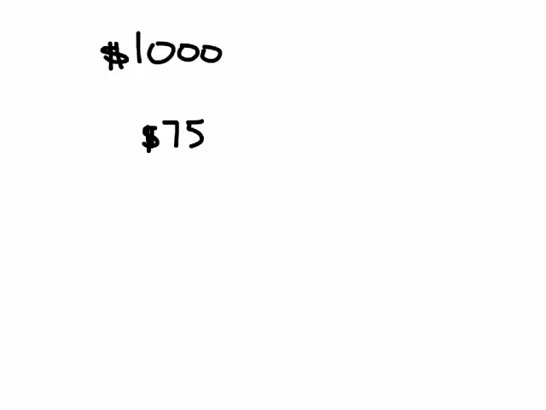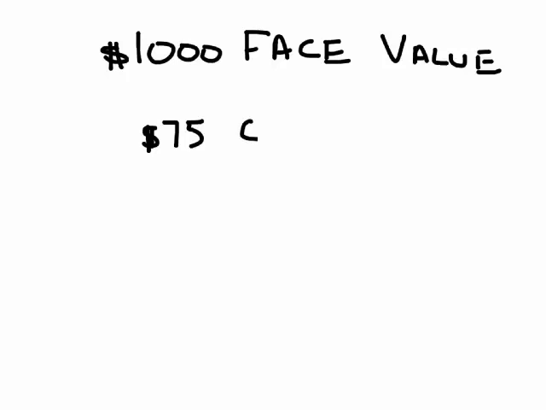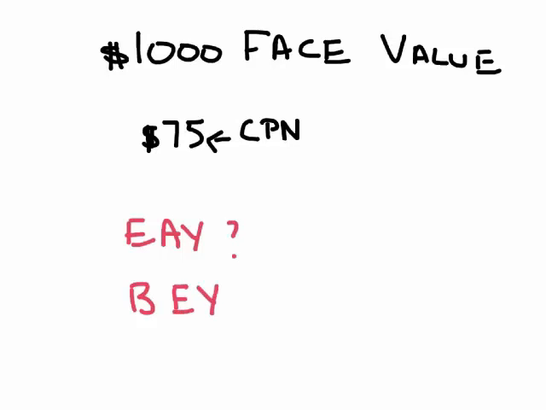I'm only saying it's a US bond that has face value, which means you have to invest $1,000 to get this bond, and it has recently paid coupon, I'm using CPN for that, coupon of $75. And I'm asking you to calculate EAY and BEY of this bond.